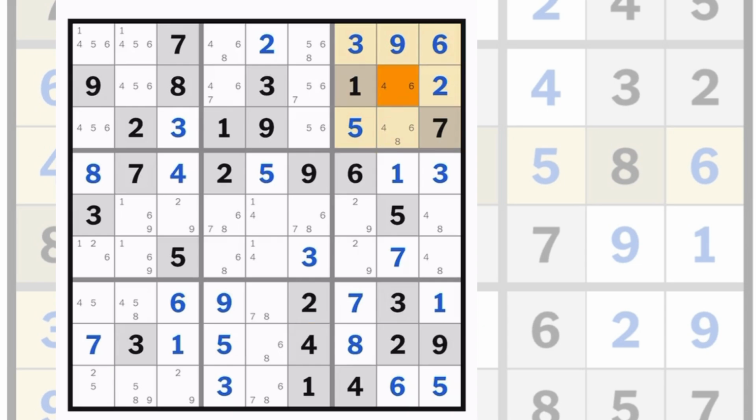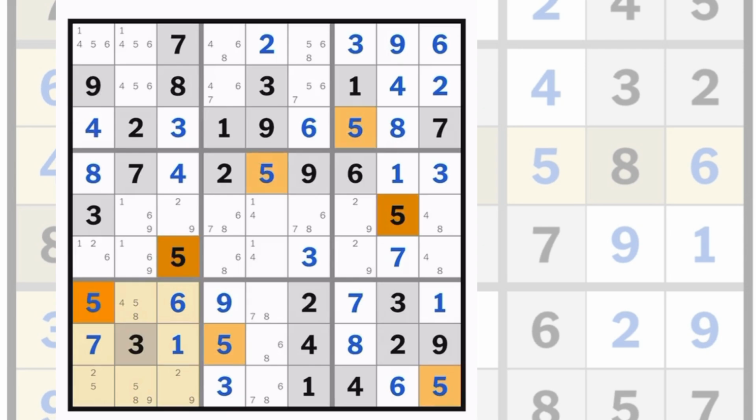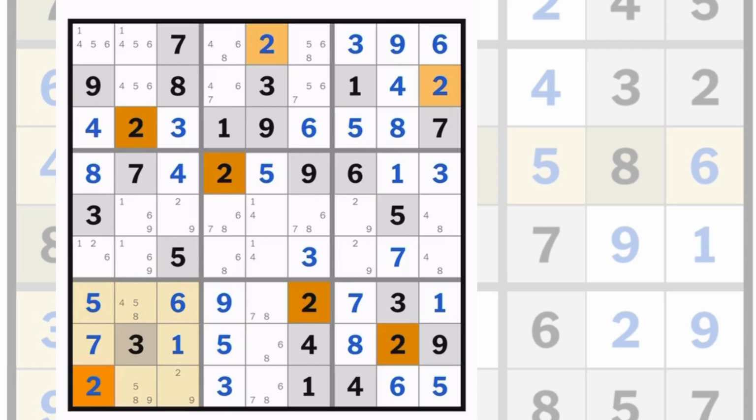So this will be 4 and this will be 8. So this becomes 6, and here this will be 4. So this will be 5, in which case this will become 2. So we remove 2 from here, we remove 4, then 5 also.